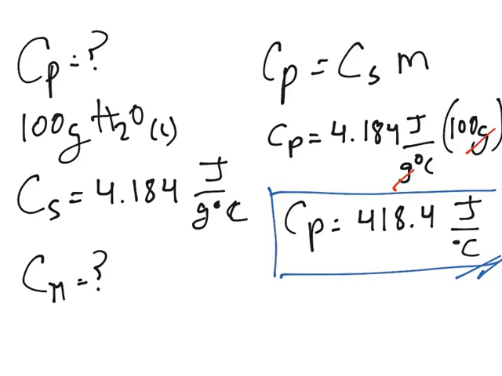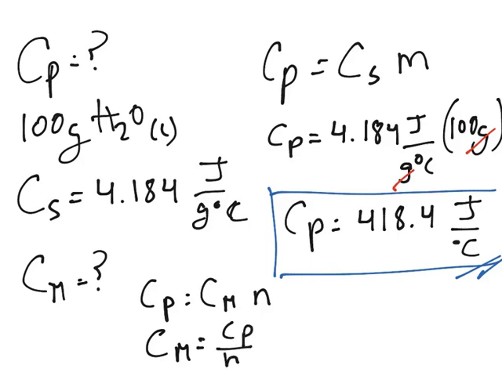And they also ask for the molar heat capacity, so we use the other formula. But this time you have to solve for it. So Cp is equal to the molar heat capacity times the number of moles. So the molar heat capacity will be equal to the heat capacity over the number of moles. And you can obtain the number of moles of water just by using the mole diagram.